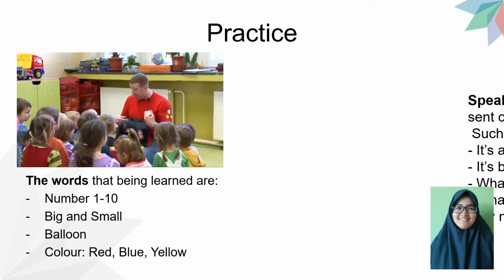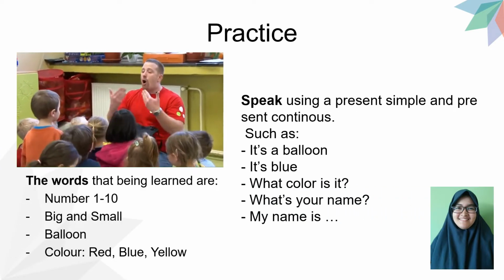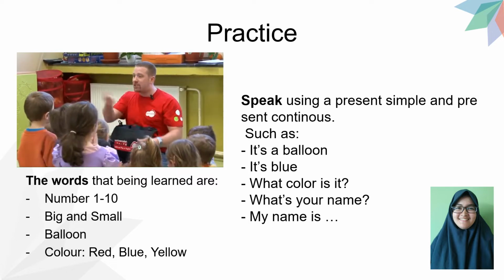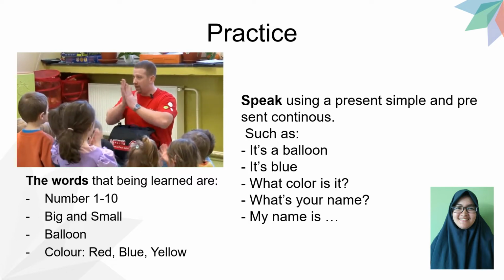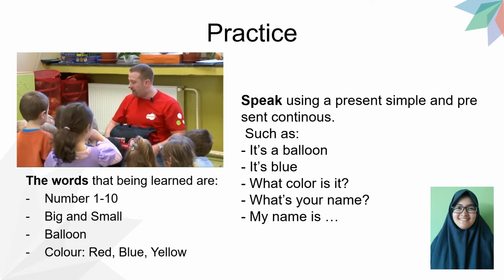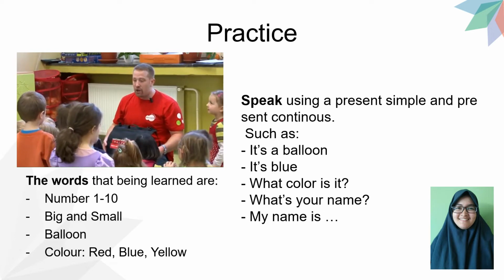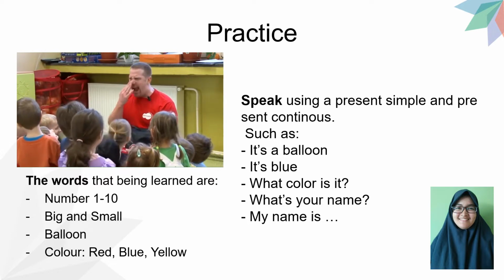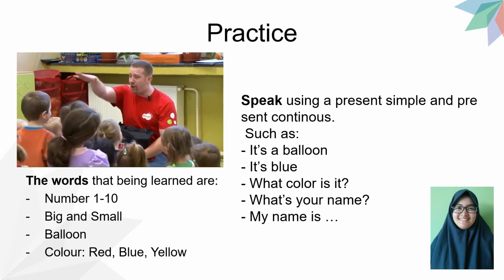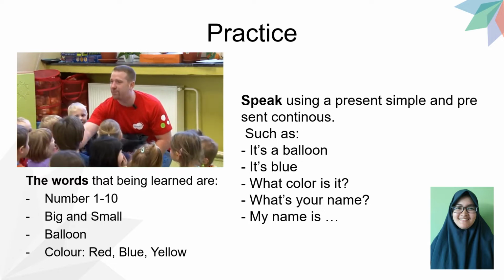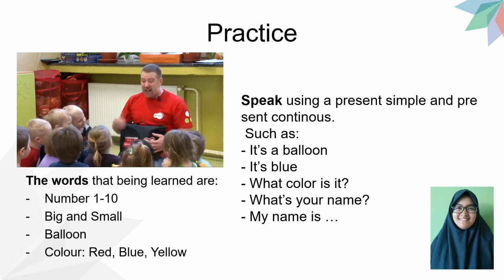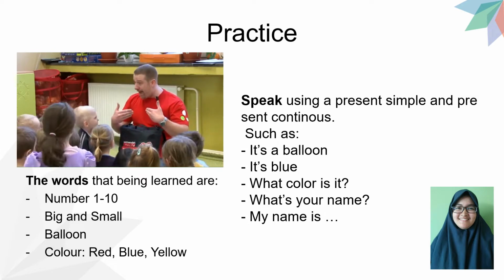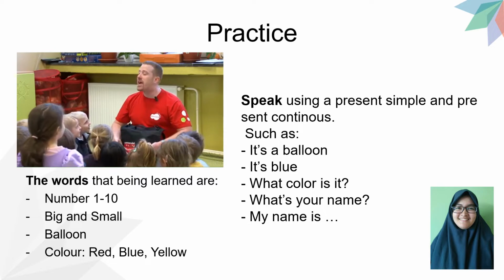The next slide is practice. There are some words that are learned in this video. Those words are the numbers between 1 to 10, big and small, the comparative words, and an item, an object, balloon, and colors: red, blue, and yellow. Unfortunately, there are a little bit cut sections in the learning process of the colors.